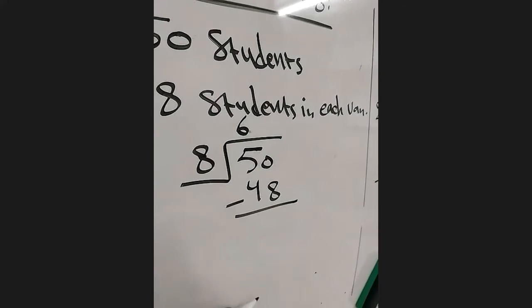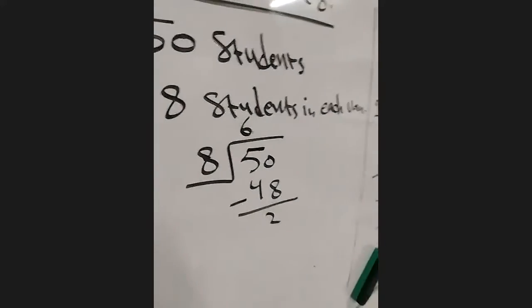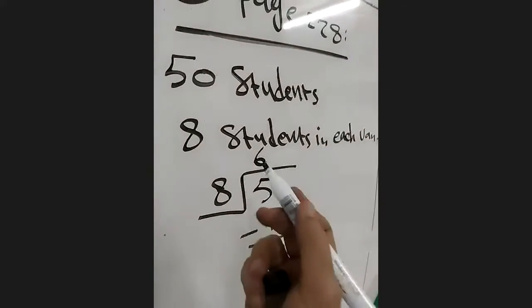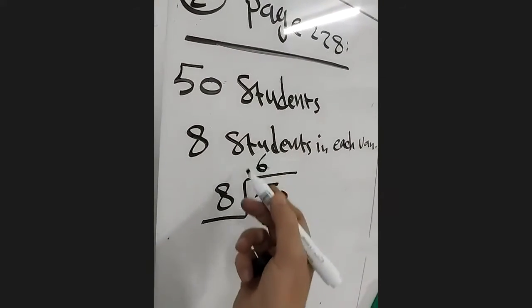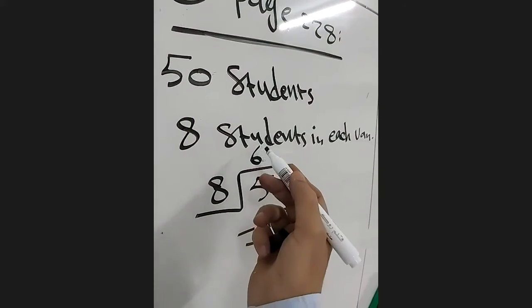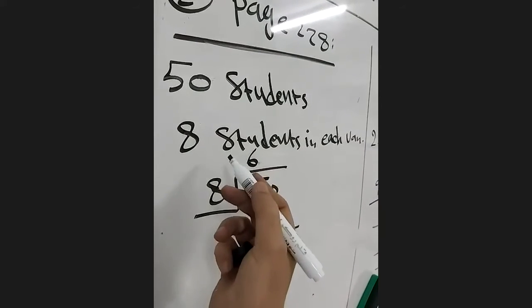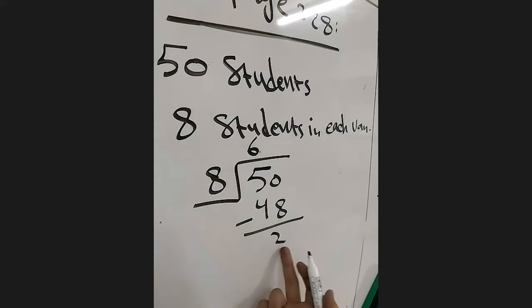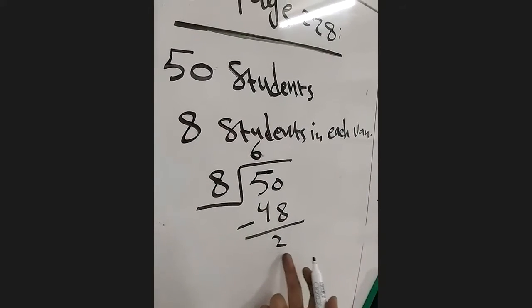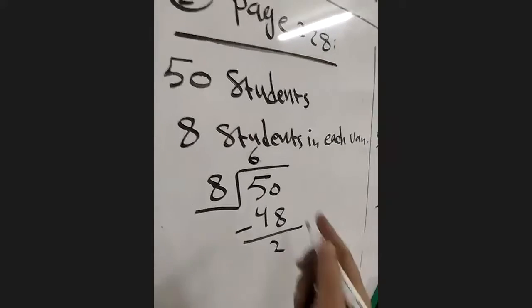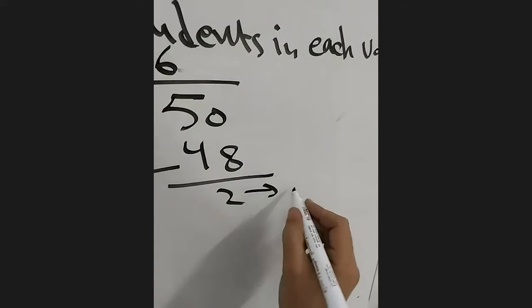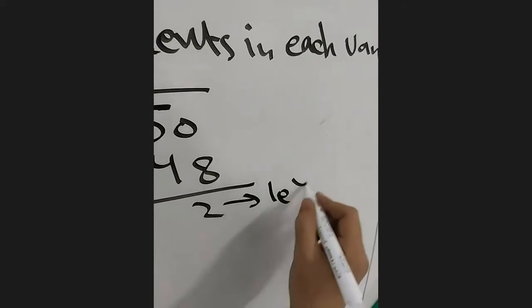Subtract, 2. So how many buses do we need? 6. If we get 6 buses, how many students are still left? 2. So here 6 buses, here 2 students left over.